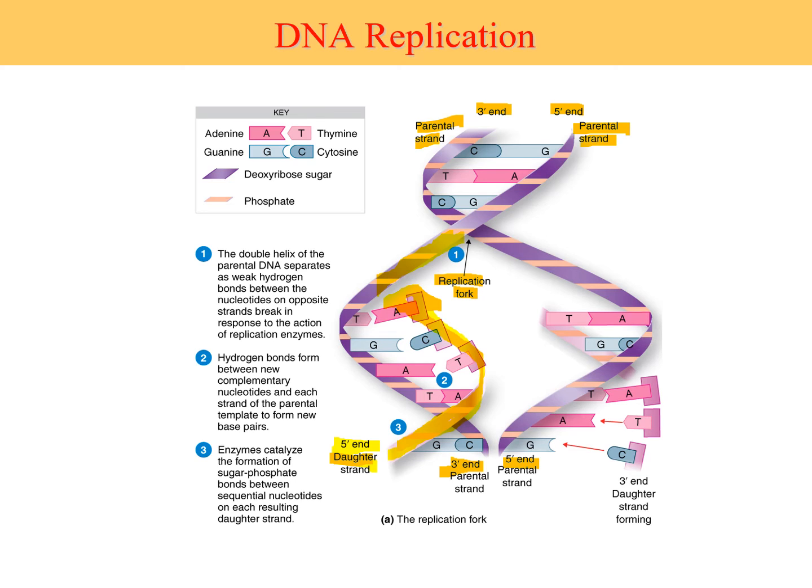Say, for example, if this nucleotide here is a G, then a new nucleotide will be added here as a C. If this one is a T, then a new one will come in and be added as an A, etc. And that is in the 5' to 3' direction of the growing daughter strand.